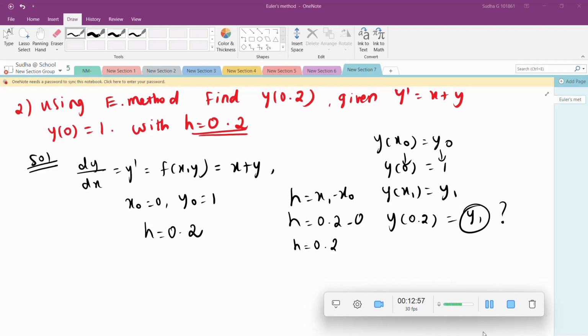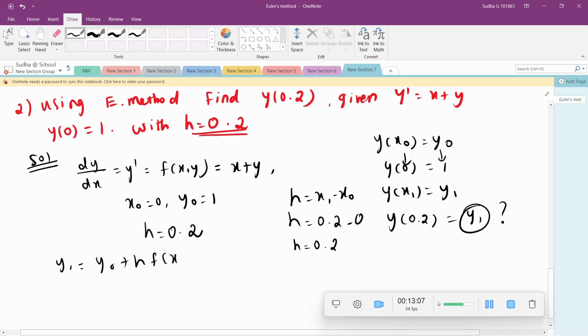So Taylor series, in the general formula, if you put n equal to 0, then we will get y1. So y1 equal to y naught plus h f of x naught comma y naught. So y naught value 1, already given in the problem, h value already given 0.2, f of x naught comma y naught, already given f of x comma y, which is x plus y.